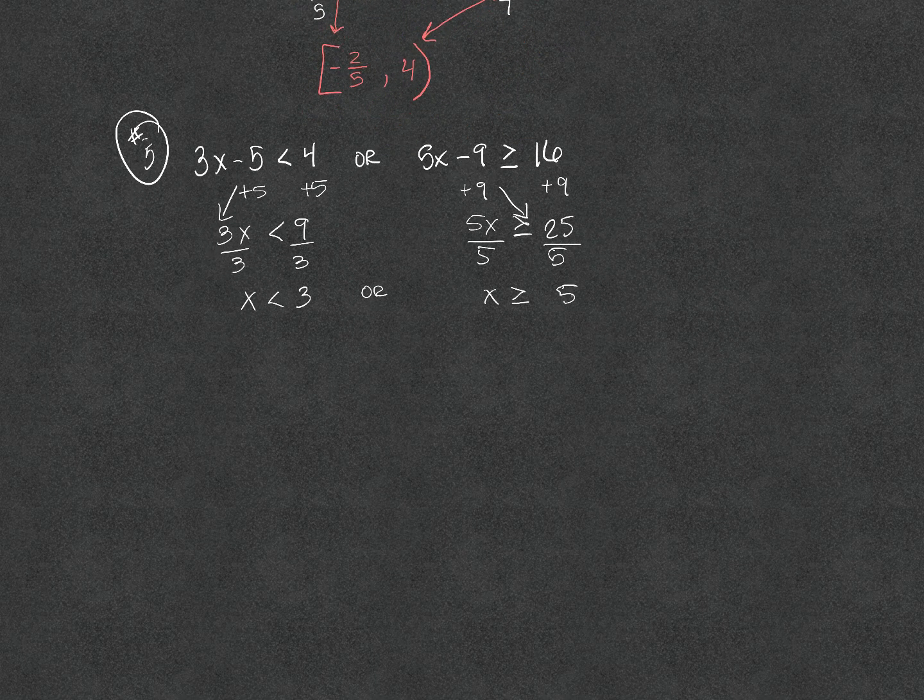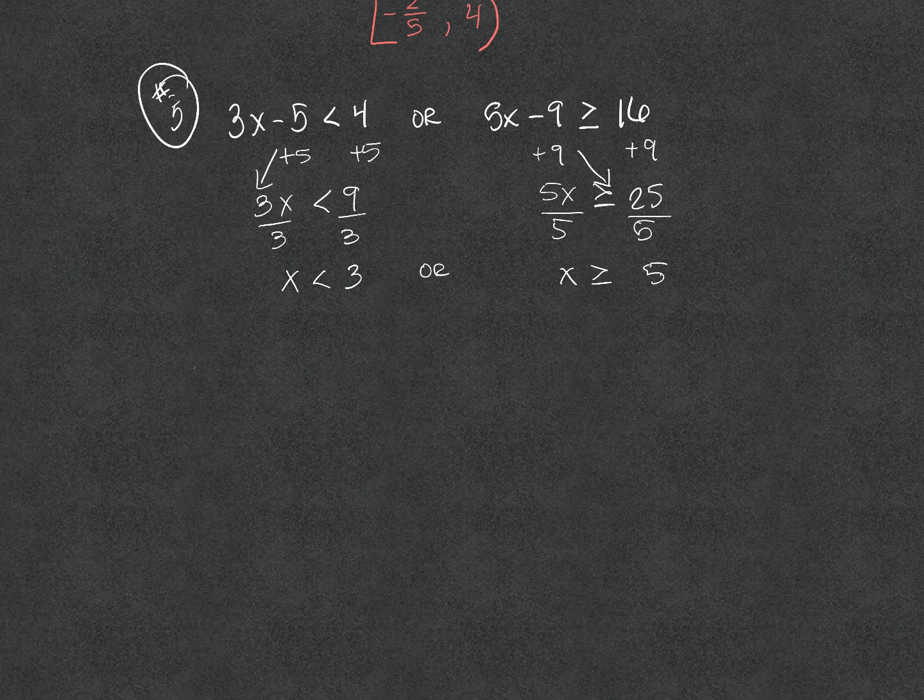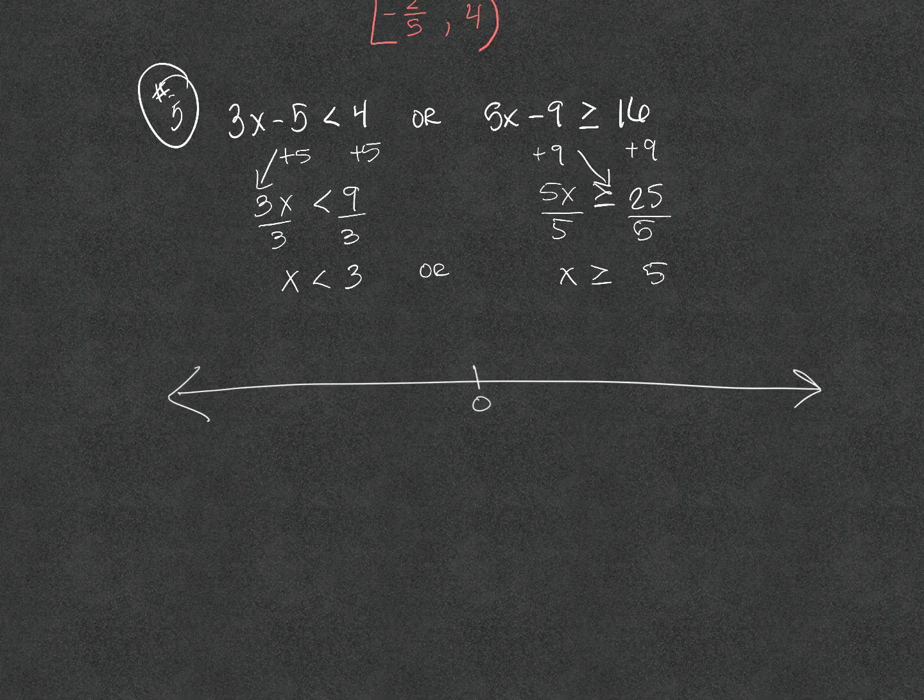So I'm going to put this on a number line. We have our origin. X is less than 3. So I put my 3 here, and a negative 3 and a positive 3, and we have a 5 here, negative 5. Okay, so X is less than 3.